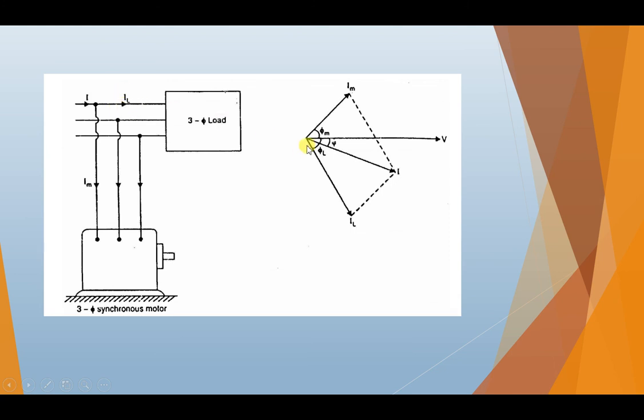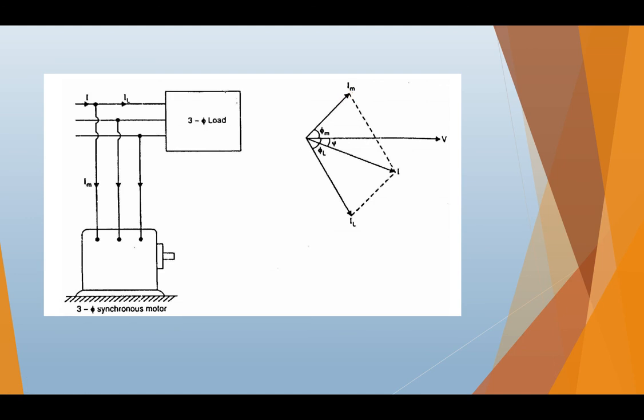So this is the IL current which is lagging from the voltage. We also know that we are using a synchronous motor for improving the power factor, and when working at no load it has a leading current. So this is the current for the synchronous motor.